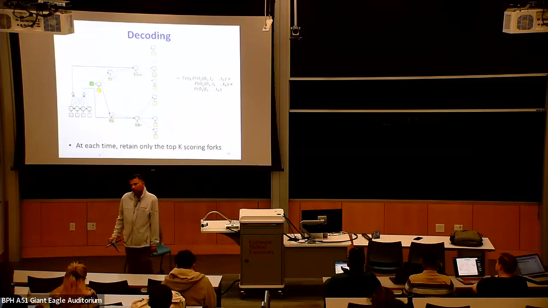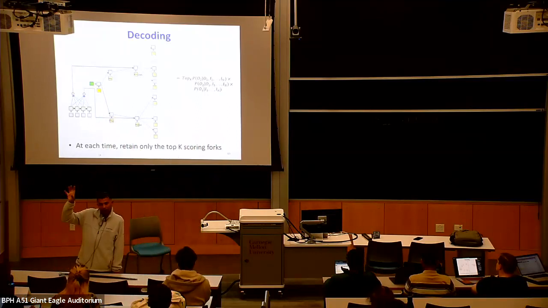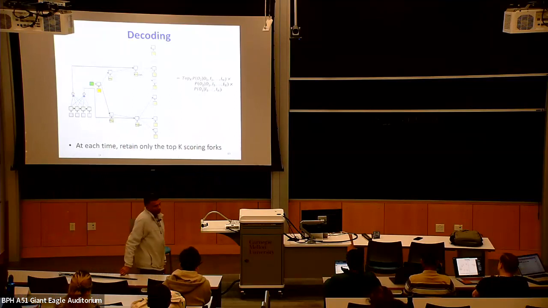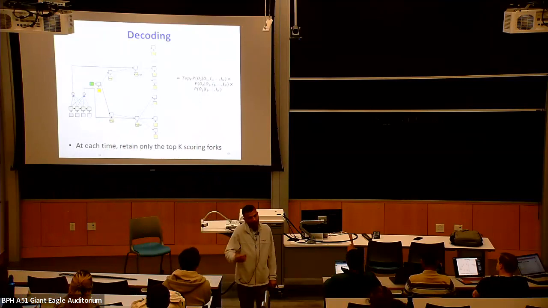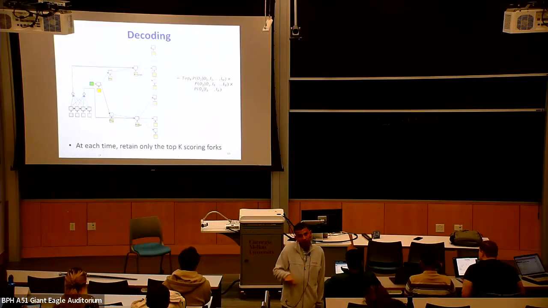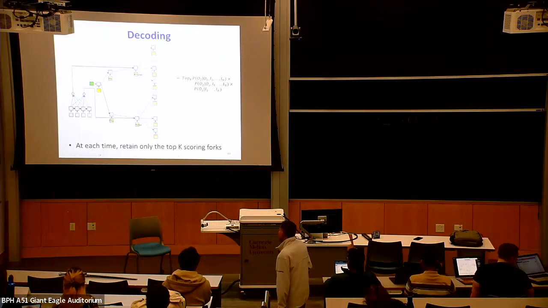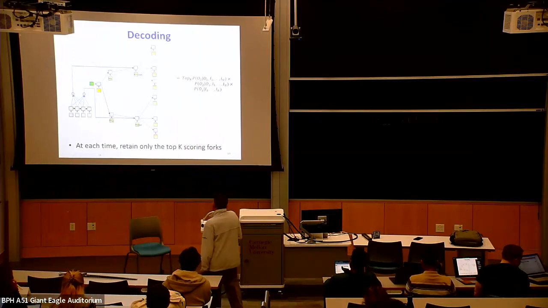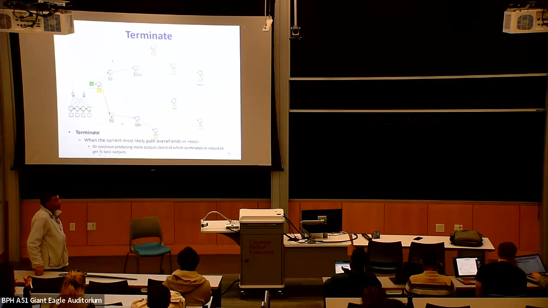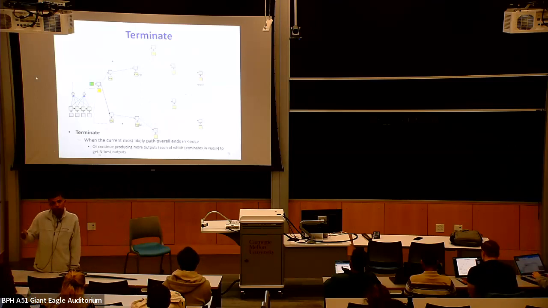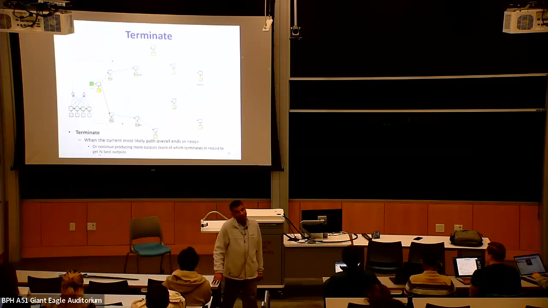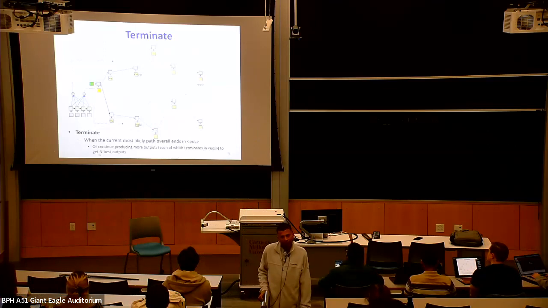Which means that although some word might be highly probable in the upper path, it may still get pruned out when it's compared to some locally lower probable word in the lower path, because the path level probability was higher, right? So at each time, you're just going to retain the top k scoring paths and continue this until you eventually hit an end of sequence marker, which gives you a word sequence that's more probable than anything else that you have retained. And that's when you're done, right?